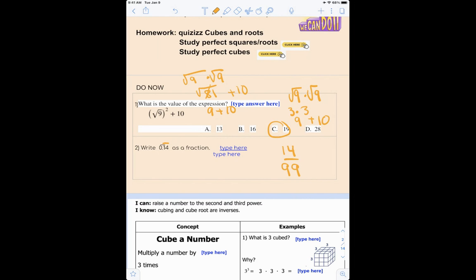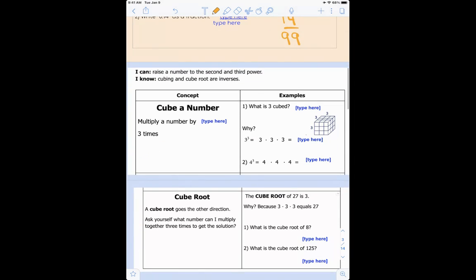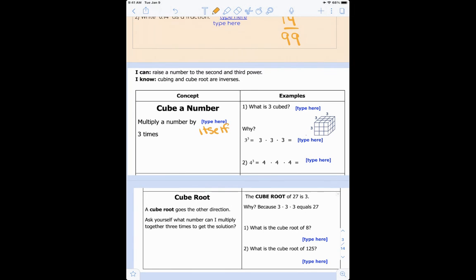All right, so now we're going to take a look at cubing a number, and that means to multiply a number by itself 3 times. So I'm writing what I want you to write in the blue type here. So what is 3 cubed?